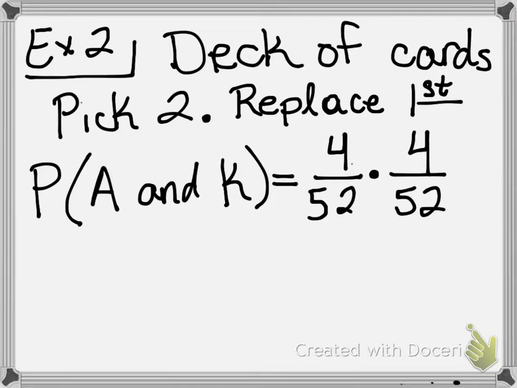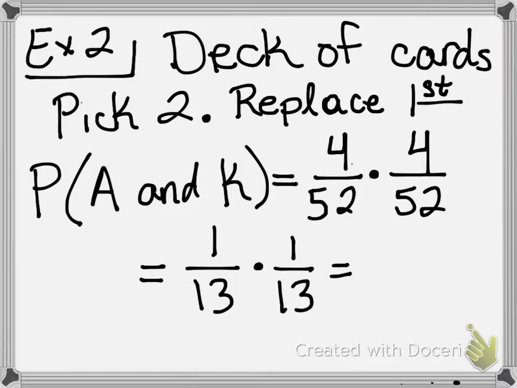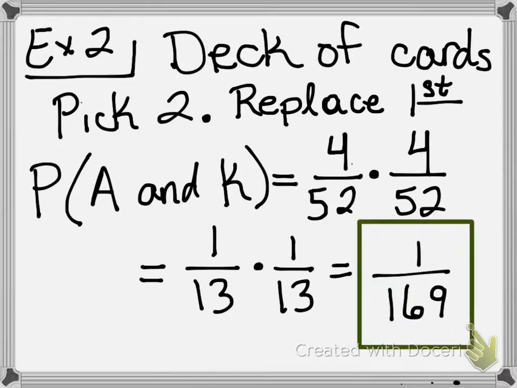So we multiply these together, or in this case I'm going to simplify. 4 divided by 52 simplifies to 1/13, and we're going to multiply both of those. So it's 1 divided by 169. So the probability that you draw an ace and then a king is 1 out of 169. That's not really good odds.